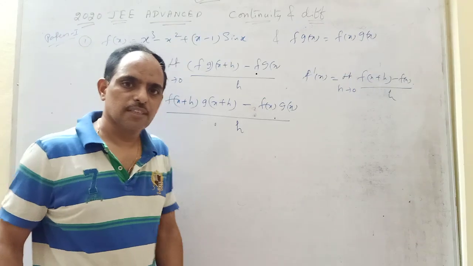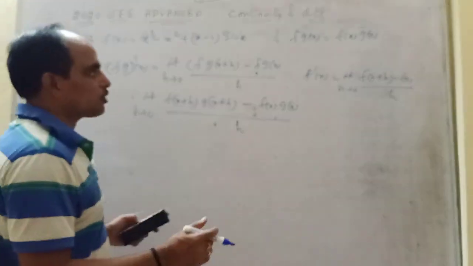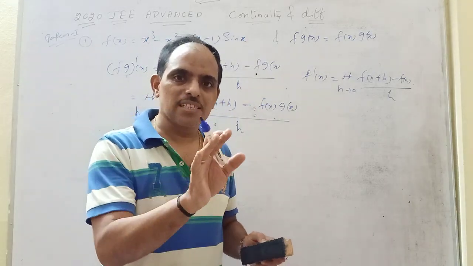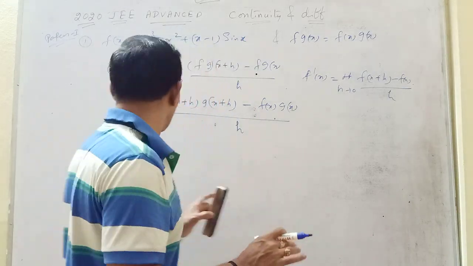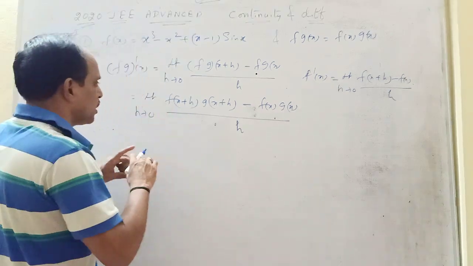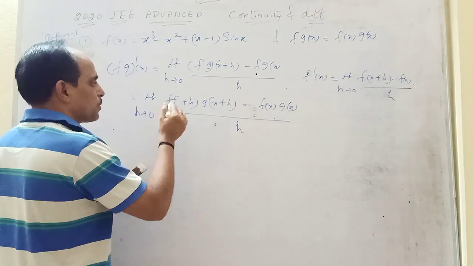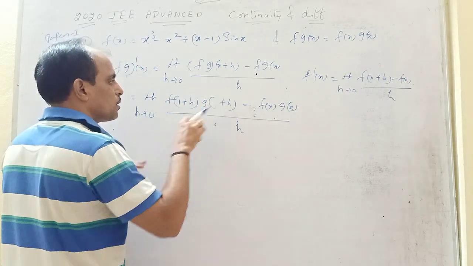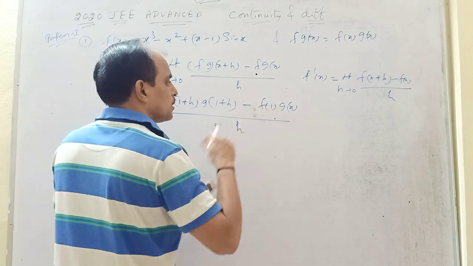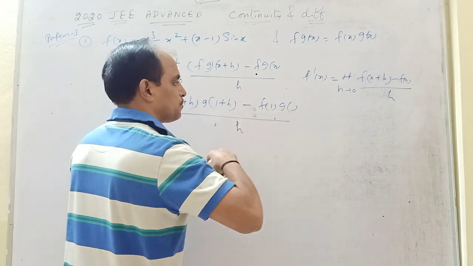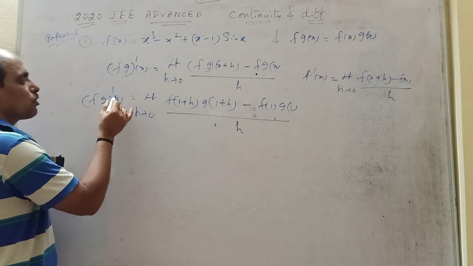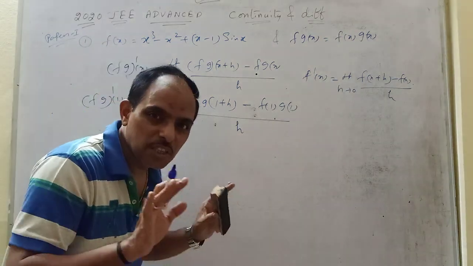We are going to find this at x equal to 1, because all the options are at x equal to 1 only. So we take x as 1, because we are going to find fg dash of 1.